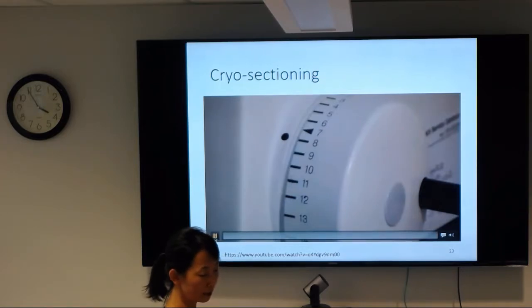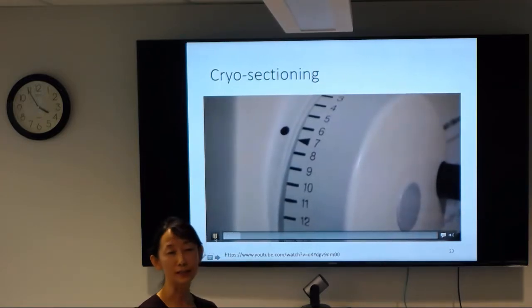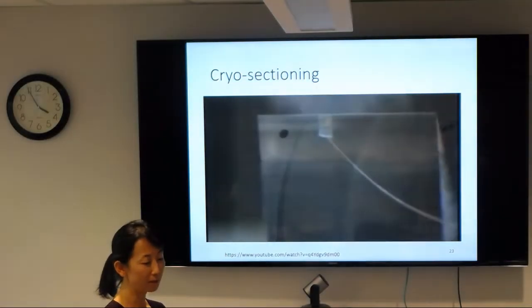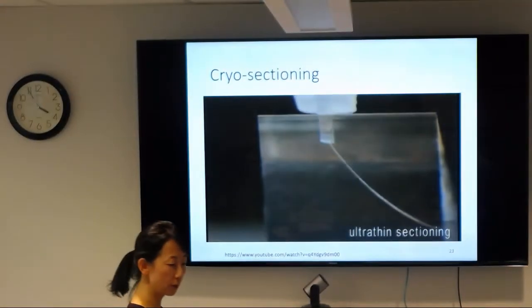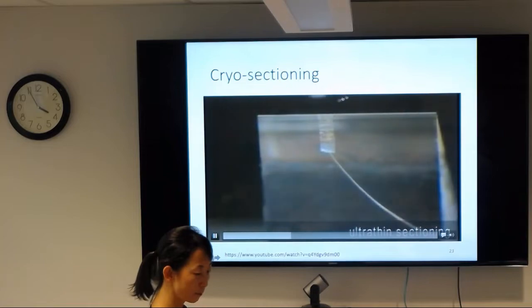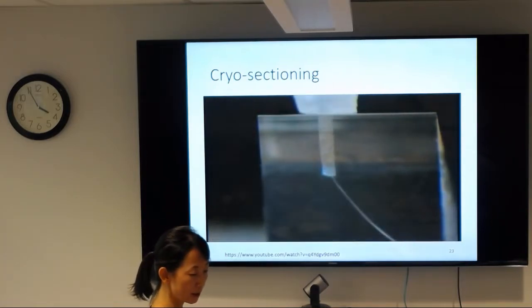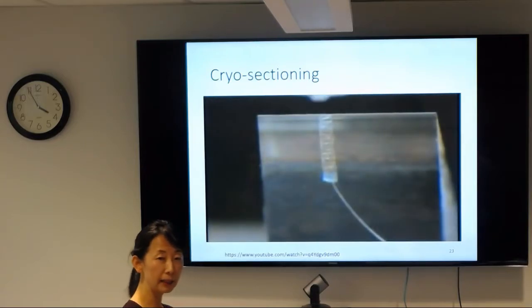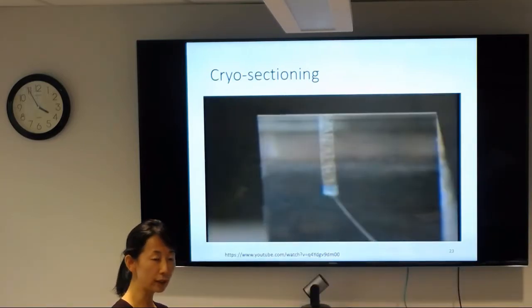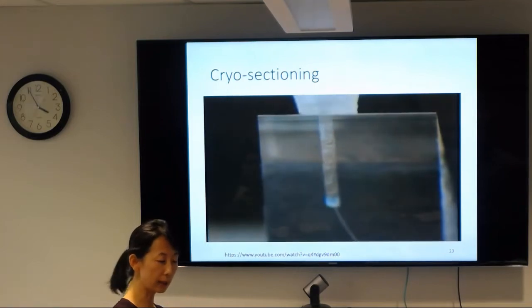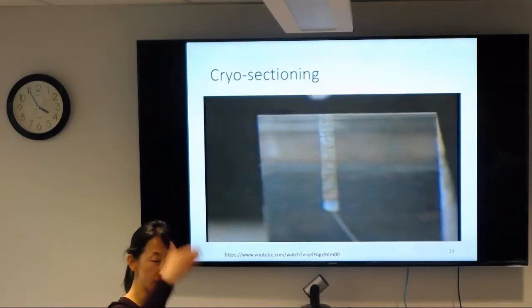I got a really interesting movie from YouTube I want to show. So here is a piece of sample, high pressure freezing, vitreous ice, and then the model at the beginning of the movie, you turn the knob and then you basically move the piece up and down.